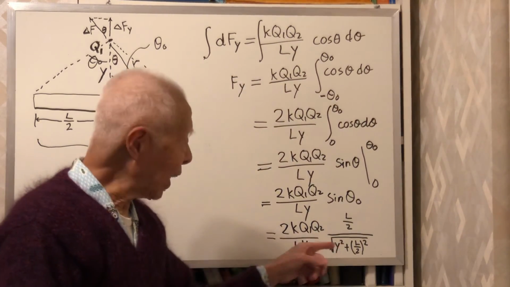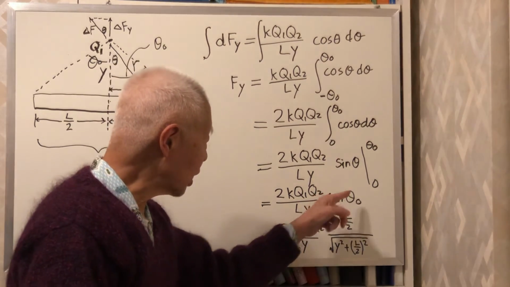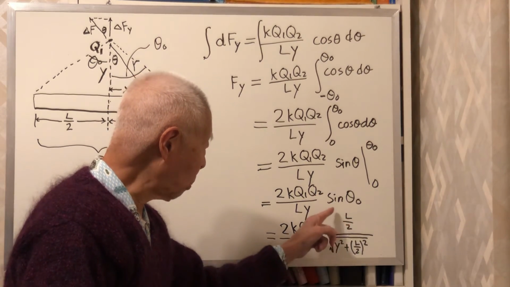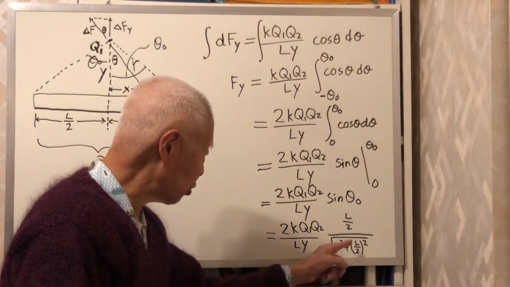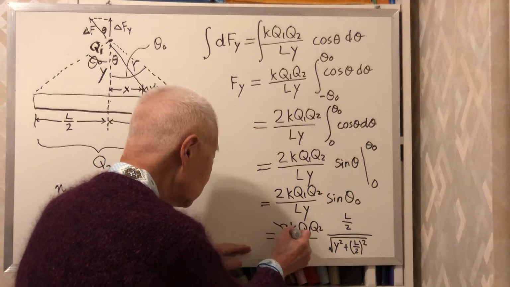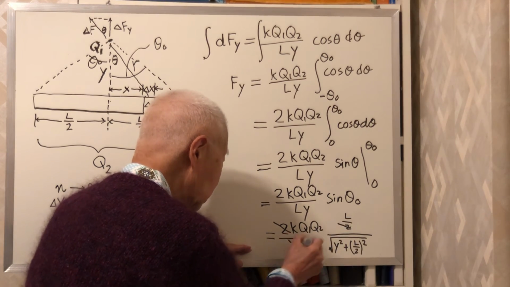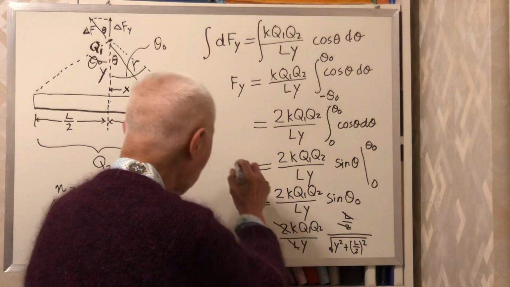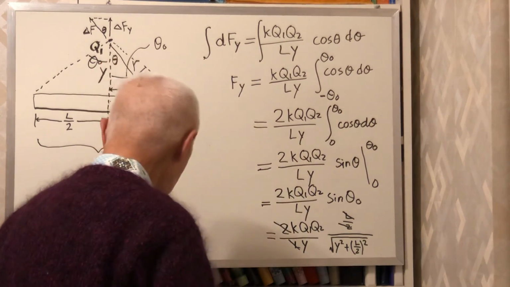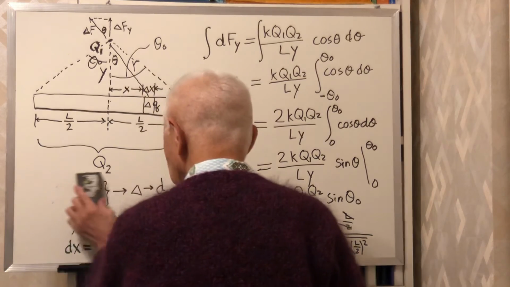So finally I have this: sine theta 0, the opposite side over the hypotenuse. Now 2 cancels this 2, L cancels this L, therefore my Fy is finally, okay, let me erase this.